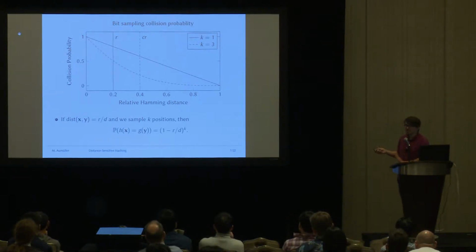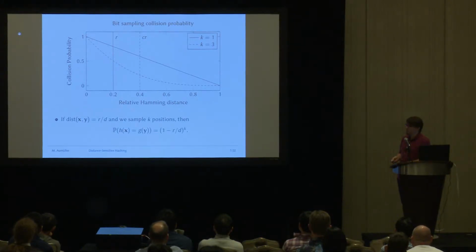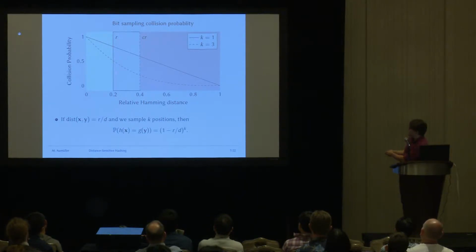The important thing here is what you can do with a hash family that has such a collision probability function, and that's what Indyk and Motwani basically recognized 20 years ago. Well, if you want to return points that are close to your query point, but you want to filter out those points that are far away, then this is a good hash family to do so, because points that are close are much more likely to collide.